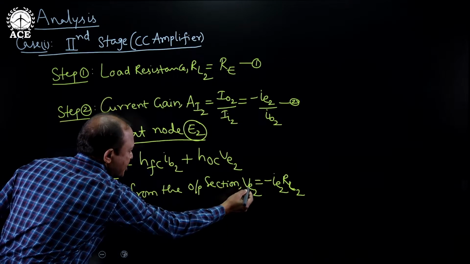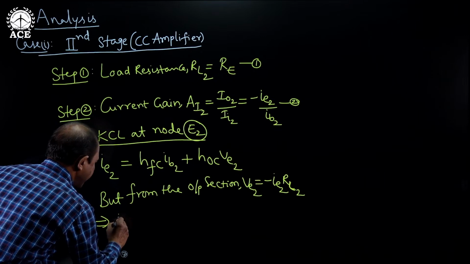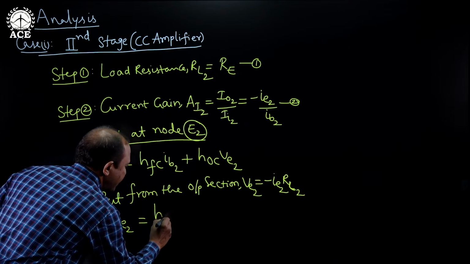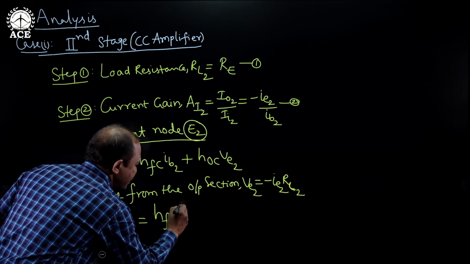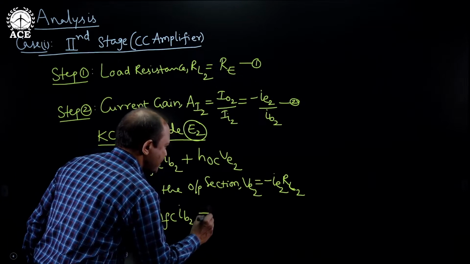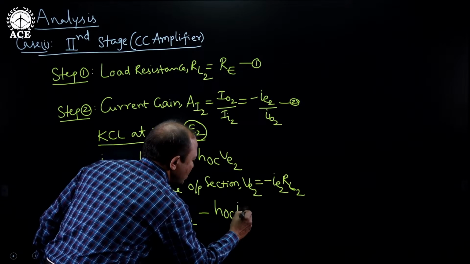I will use this relation in this equation, which will give us IE2 equal to HFC IB2, first term remaining as it is, minus HOC into IE2 RL2.